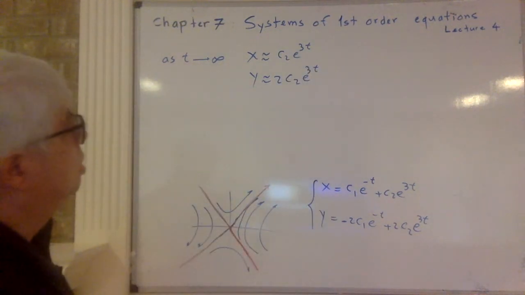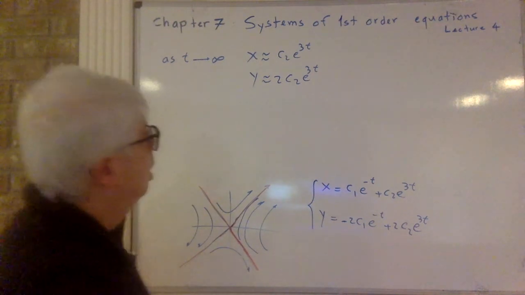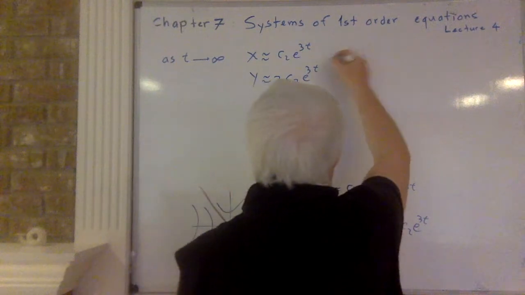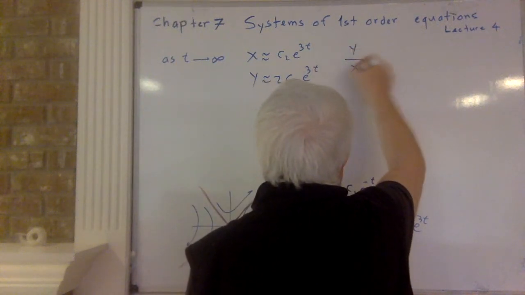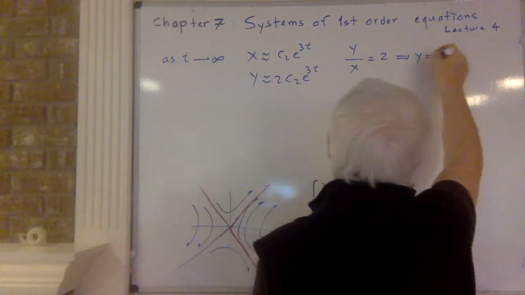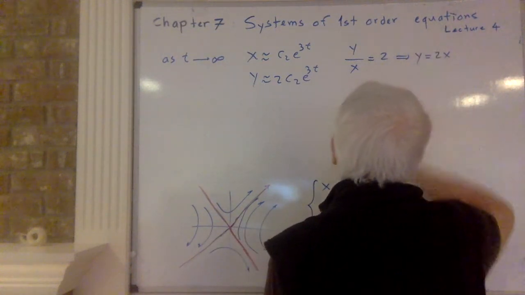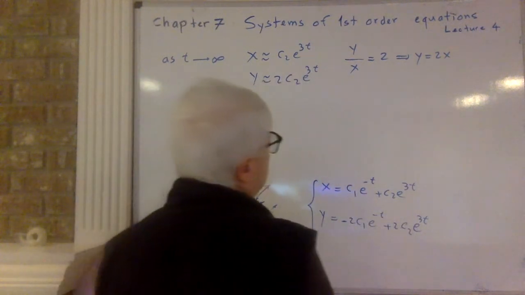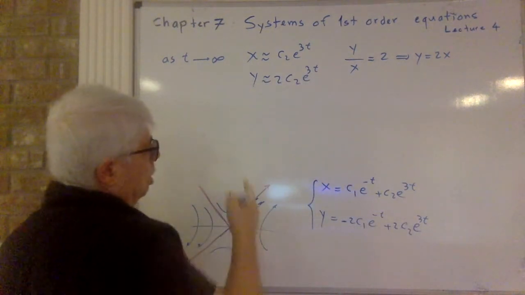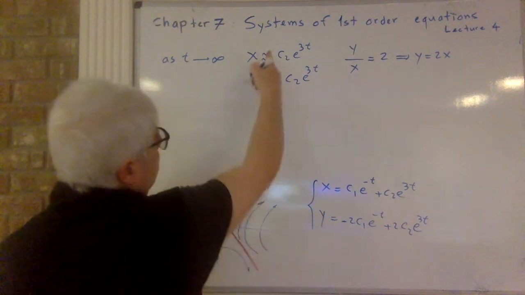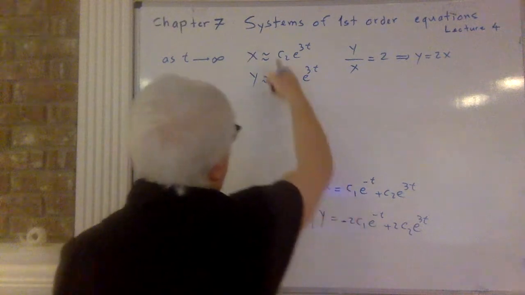Okay. So if this happens, I can say that y over x is basically 2, so that's y equals 2x. Now, what is this y equals 2x? In fact, that is the direction. What is the direction of this? That's a line. The direction of this line is, in fact, the eigenvector. This is 1, this is 2.